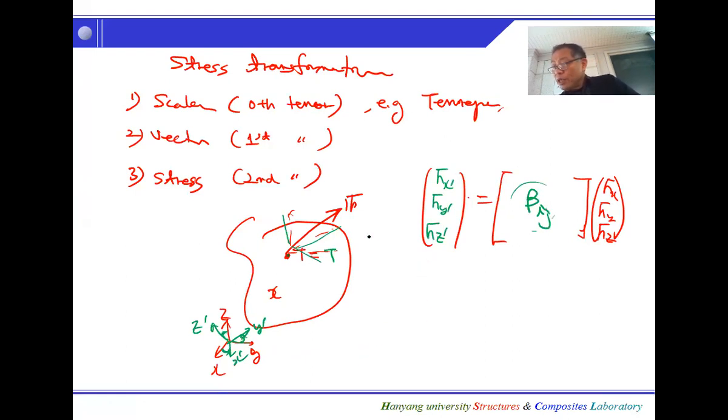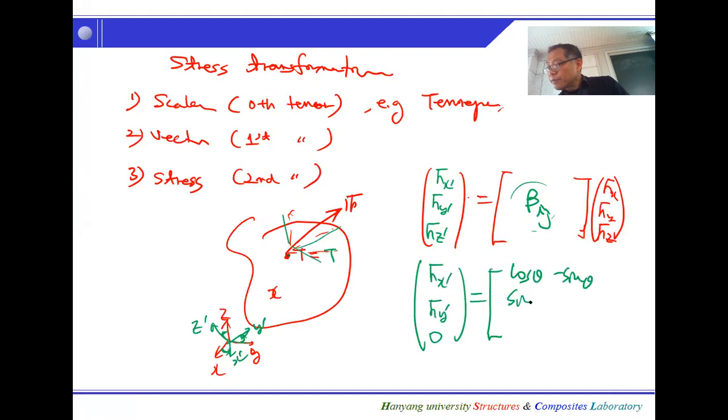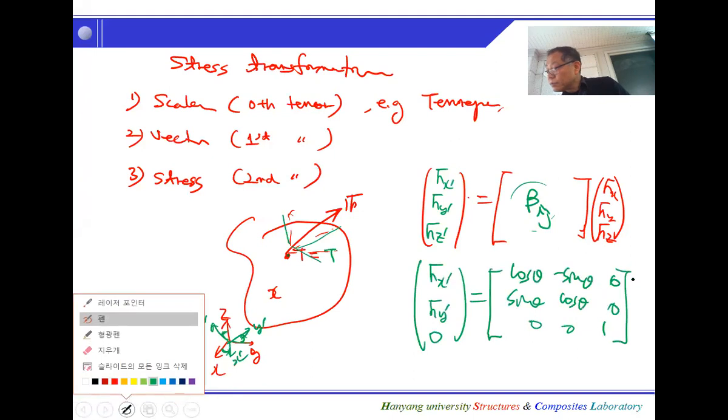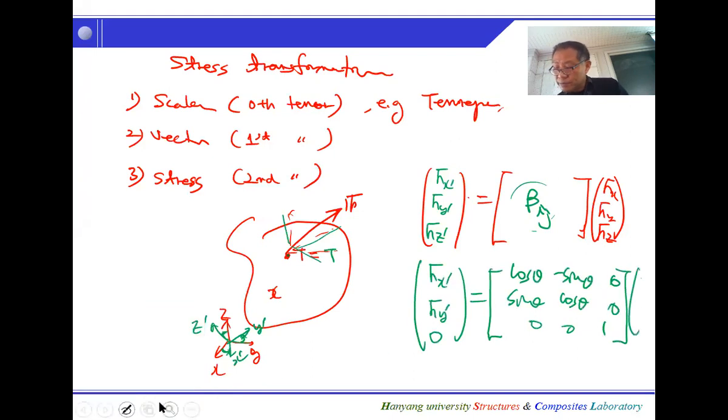For example, if we look at just two dimensions, since three dimensions is a little bit complicated, I'm sure you saw these relations for Fx, Fy, and Fz.